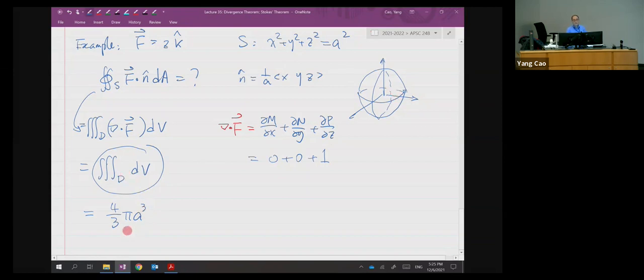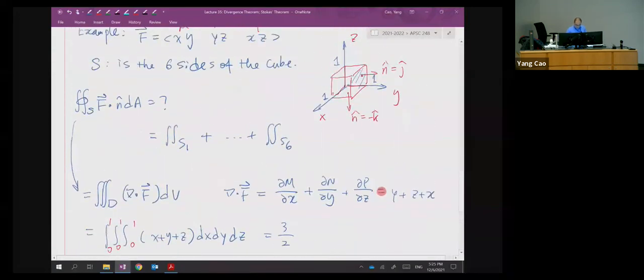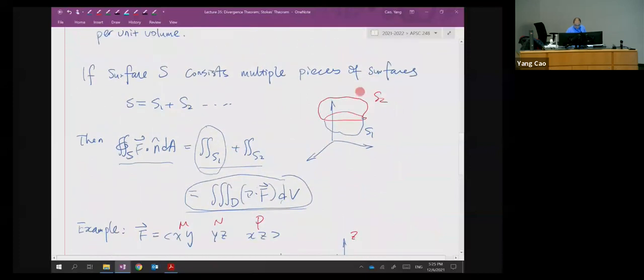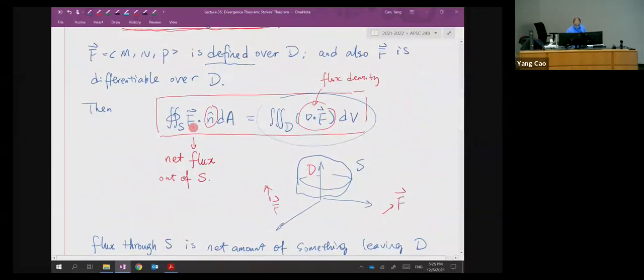Okay, any questions? So you can clearly see the benefit of this divergence theorem. On the paper, what you're basically being asked is: don't calculate the surface integral, calculate this triple integral.